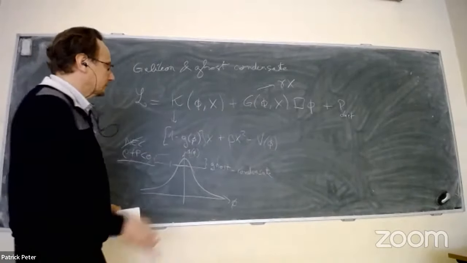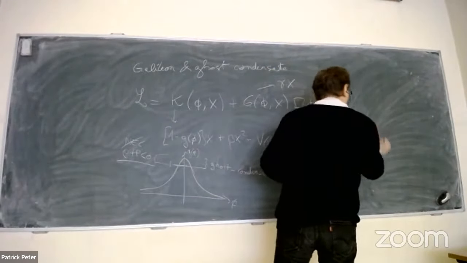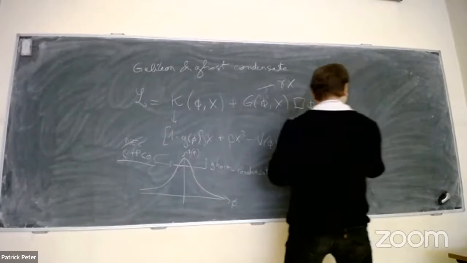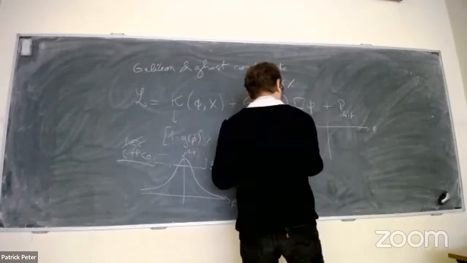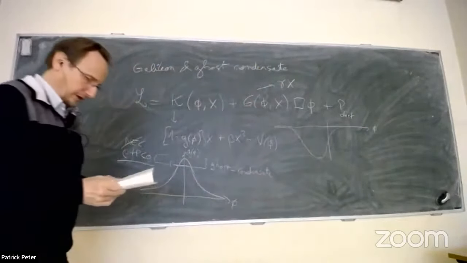So you fix a potential which, as we discussed the other day, has to be negative, in fact, and you pick up something like that. It resembles the one I drew for the Ekpyrotic scenario.